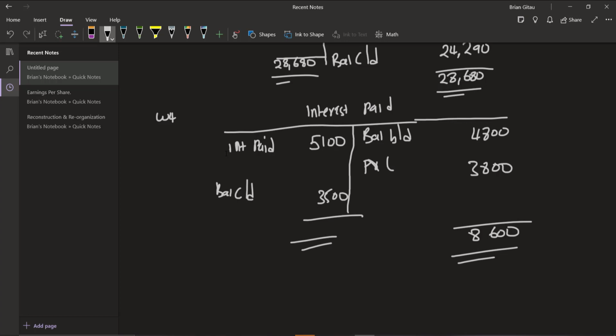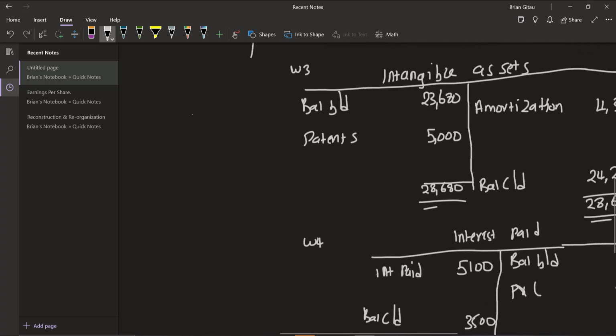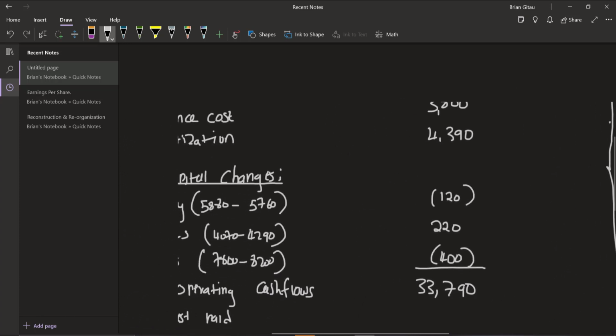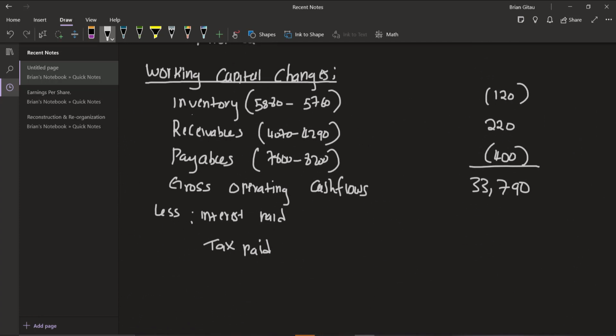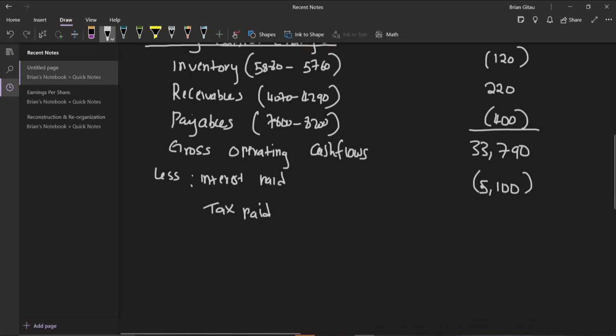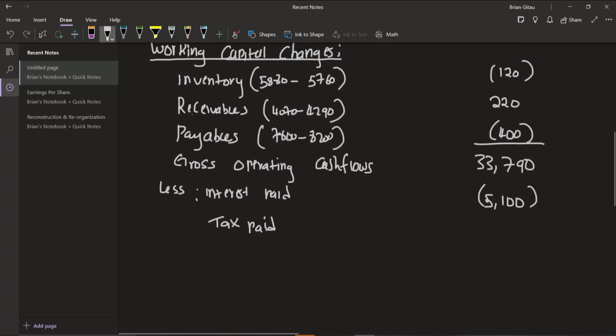So we go ahead and record that. We less it, so we go ahead and solve for tax paid.